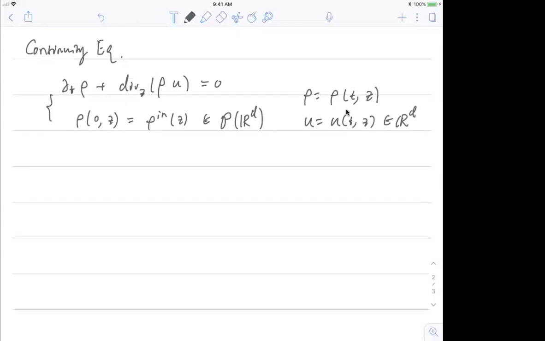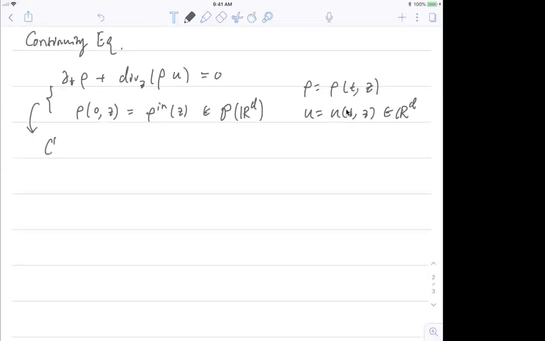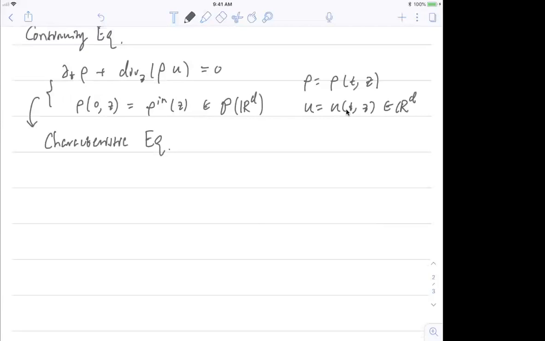So if we write the characteristic equation, what's the characteristic equation? It's just z dot equals U(t, z). We give certain initial data, let's say z_0 equals z initial. This ODE is the characteristic equation of this continuity equation.